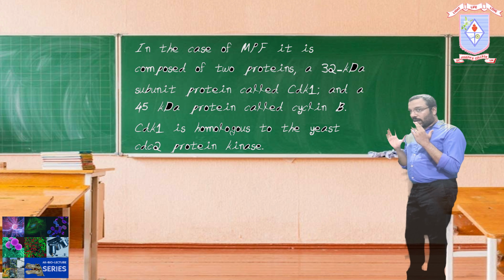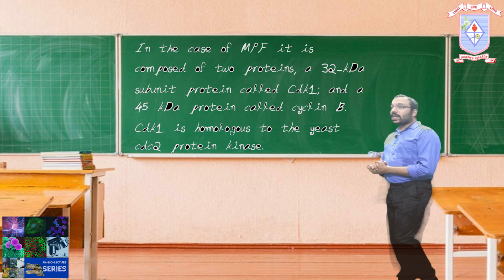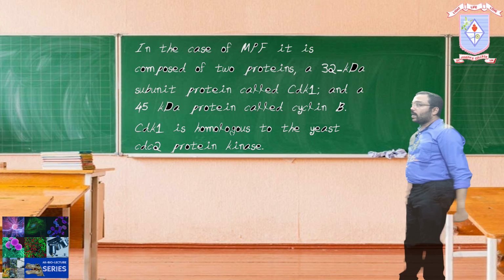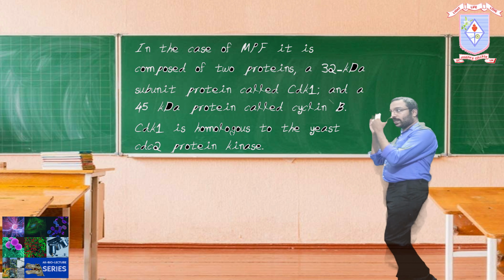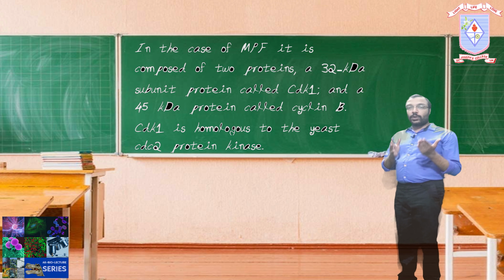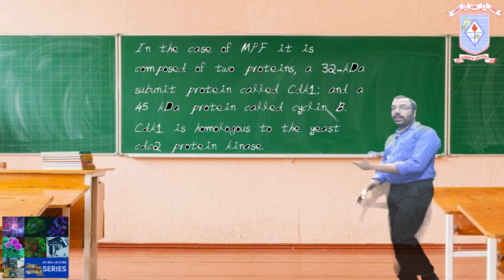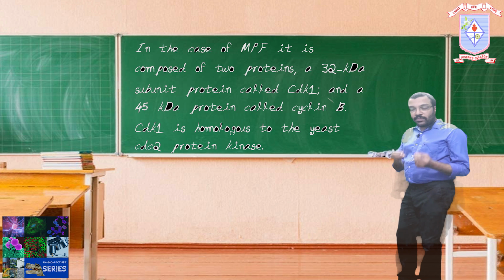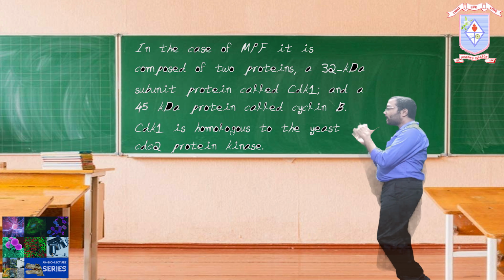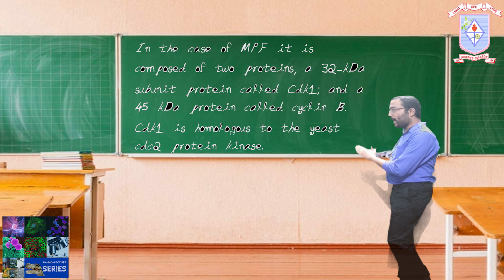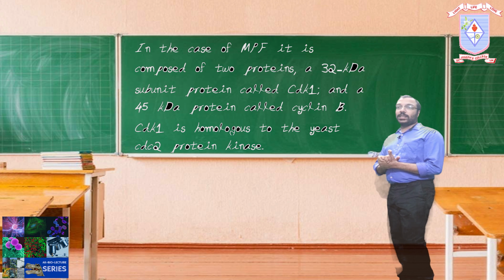In the case of MPF, it is composed of two proteins, a 32 kilodalton subunit called Cdk1 and a 45 kilodalton protein called cyclin B. And Cdk1 is homologous to the CDC2 protein, that is CDC2 kinase of yeast.